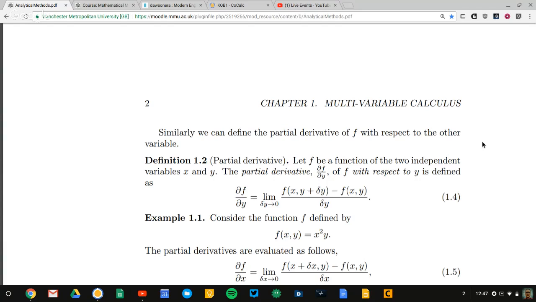Okay, and this gives us the result 2xy. So 2xy is the partial derivative of that function f with respect to x. Okay, that's how we would read it out in English.